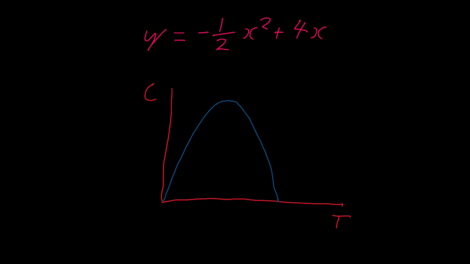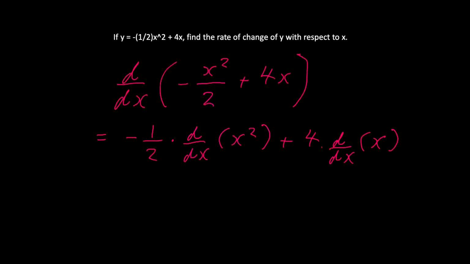To simplify things so that we can teach basic differentiation, we simplified the graph that I showed previously to this sort of parabola, which is represented by the equation that you can see on the screen. If we want to calculate the rate of change of the equation shown previously, then we want to use differentiation.